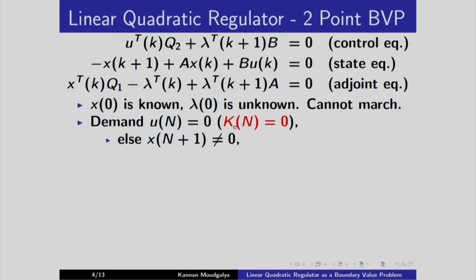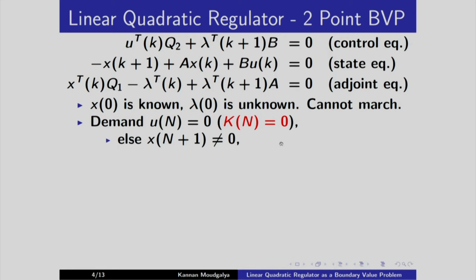Also, whenever I write something in red, that means you have to note this down. We are going to recall this, and if you write it down, it will be a lot easier for you to substitute. Now, I demand that u n equals 0. If not, what will happen? Because of this u n, the next state, namely x of n plus 1, will be non-zero.